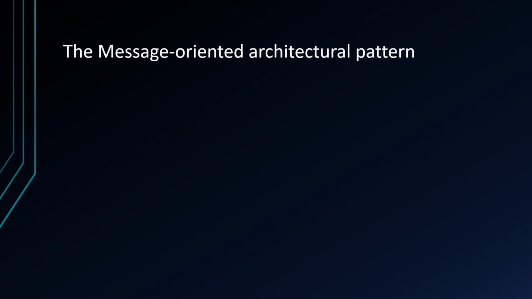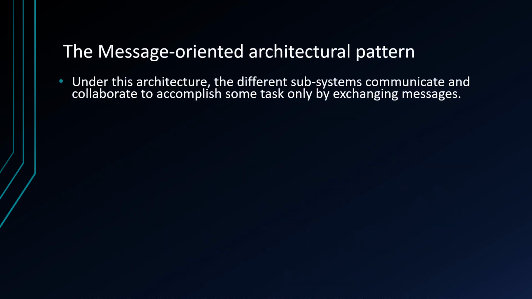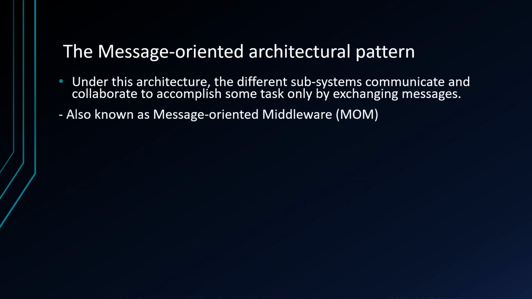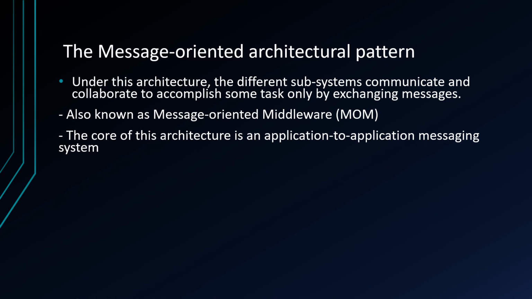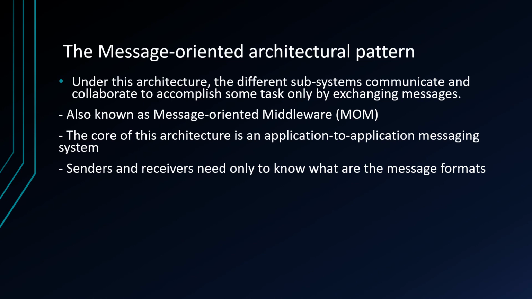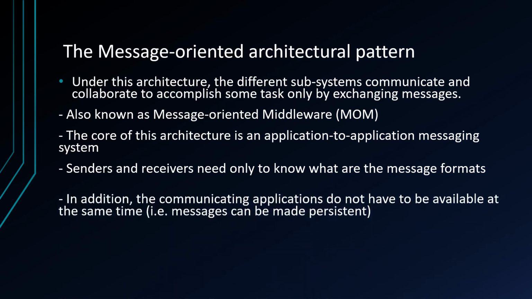So the message-oriented architectural pattern. Under this architecture, the different subsystems communicate and collaborate to accomplish some tasks only by exchanging messages, also known as message-oriented middleware or MOM. The core of this architecture is an application-to-application messaging system. Senders and receivers need only know the message formats.